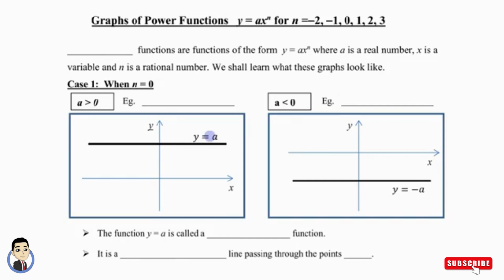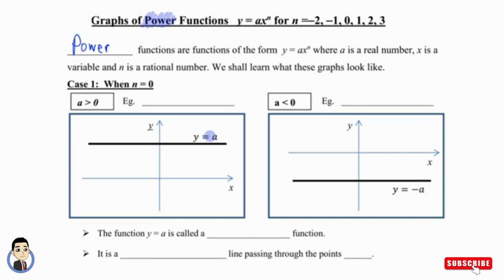The very first thing is that these are what we call power functions, which are in this form: y equals a, which is any real number, times x to the power of n.